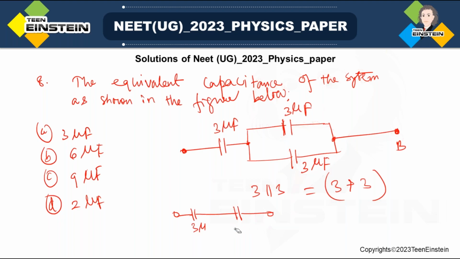Now these two are in series, 6 microfarad and 3. So the equivalent capacitance will be directly multiplication, 3 into 6 divided by the sum, 9.